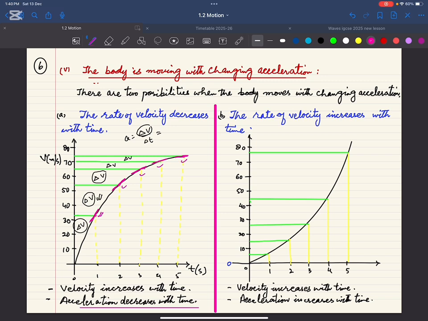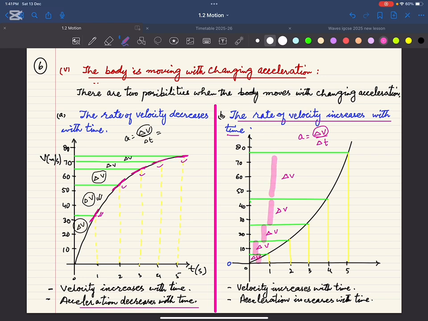But this is the situation where you have just the opposite, that is, the rate of velocity increases with time. Here the first change is less, the second change is more and more. So each time the acceleration is greater than the previous one, because each time delta V increases. Is it clear? Each time we observe a very small change, then a bigger change, and so on.